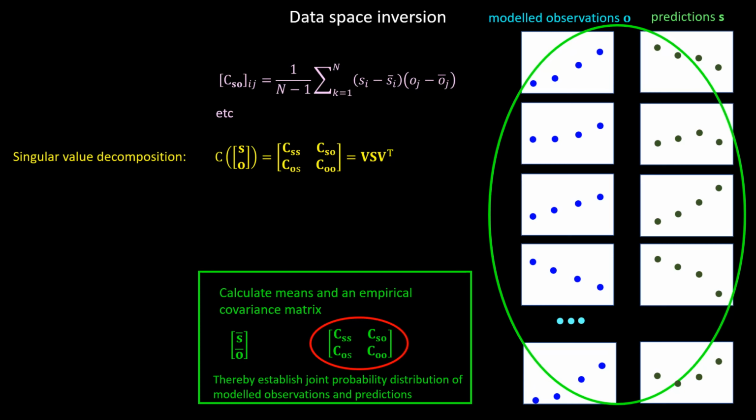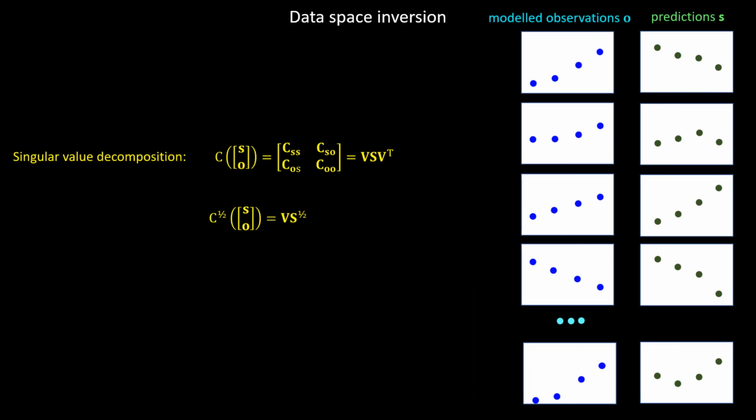Then I take the square root of that matrix. Now, the square root of a positive semi-definite matrix is a matrix such that if I multiply the matrix by its transpose, I regain the original matrix. And then I build a surrogate model.